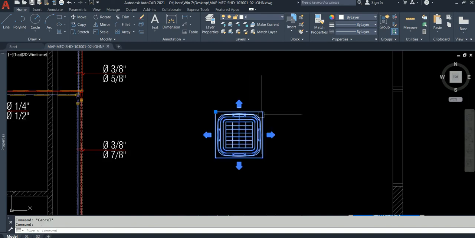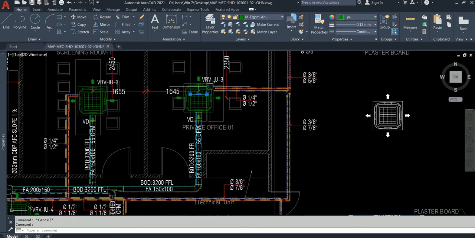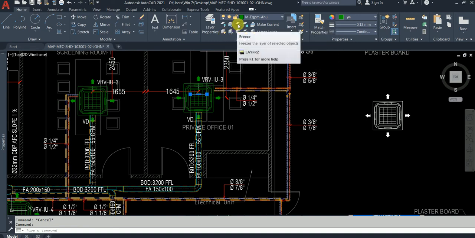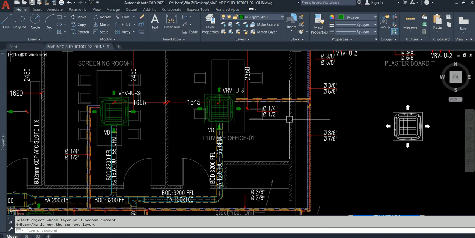Done, created a block. We named it whatever. Then what will we do now? This is in which layer? Make the layer current. There is one command called make current. Okay, so what will we do now?